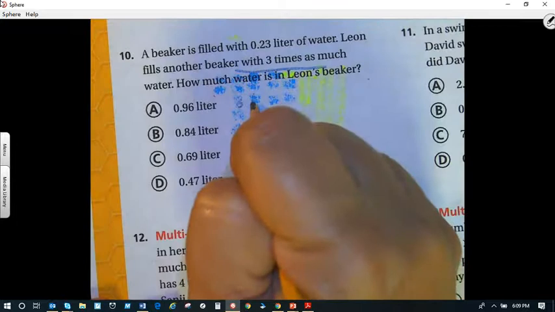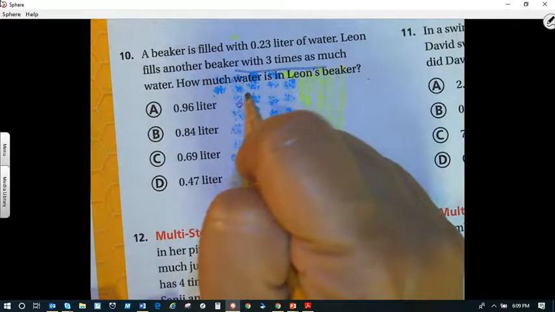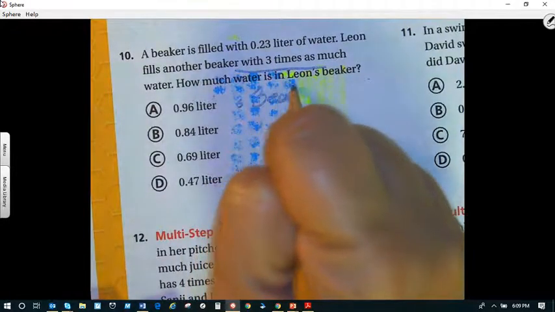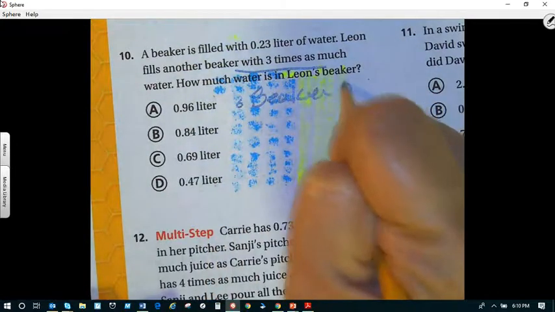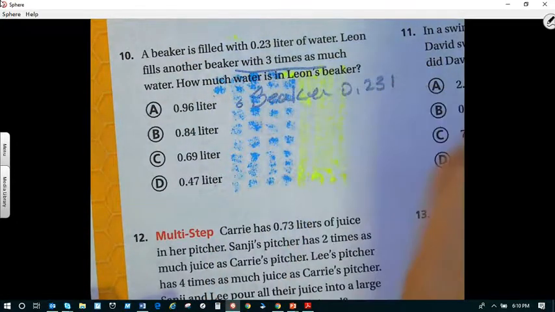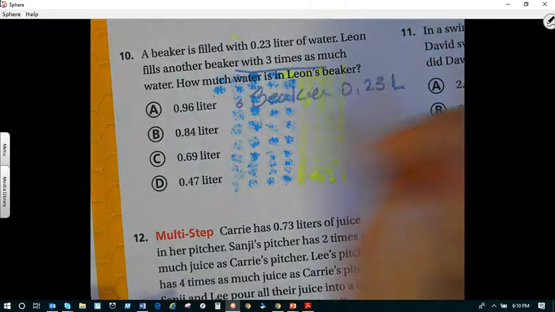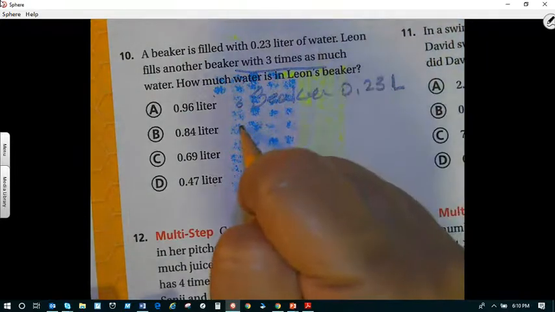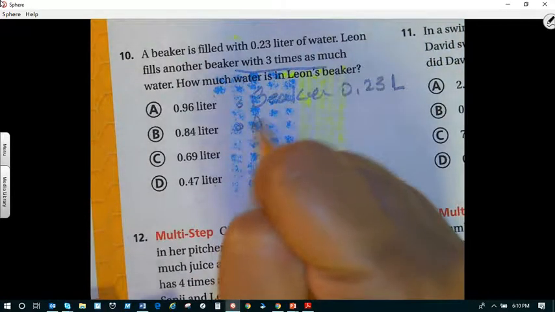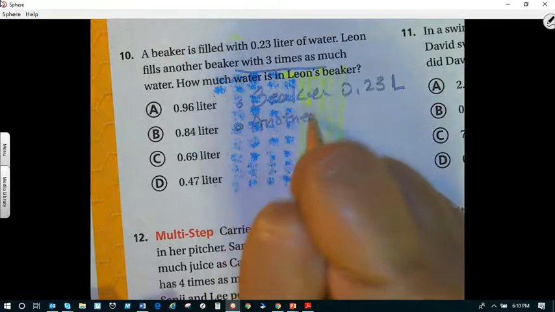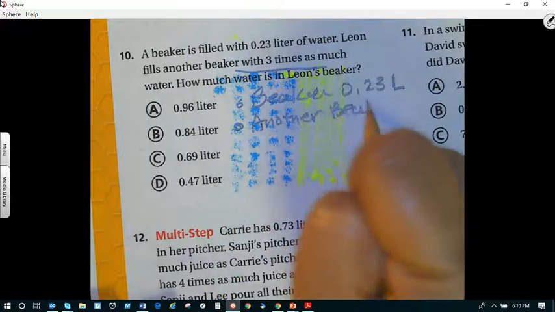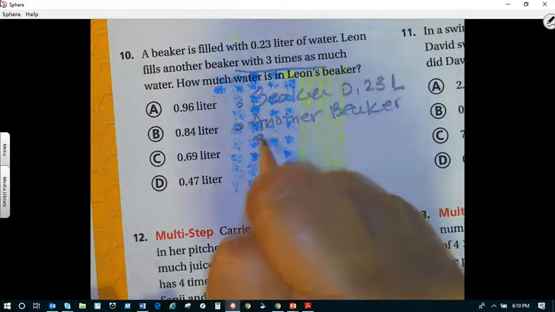So the beaker is 23 liters of water. I'm going to put L water. And then another beaker is 3 times as much.